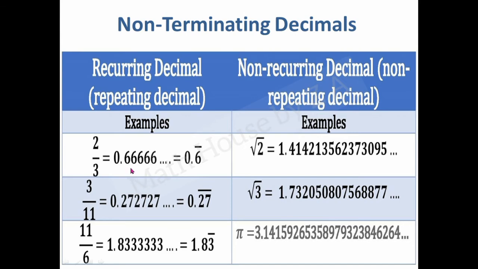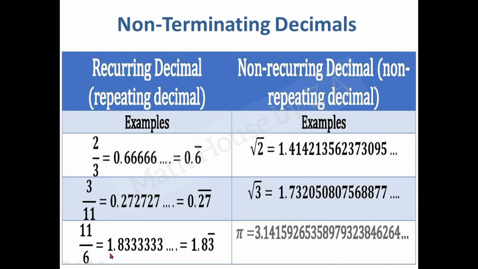If a single digit is repeated, you can put a bar on that digit. And if you have a pair of repeated digits, you can write that pair one time and put a bar on it. It shows it is a repeated, recurring decimal.